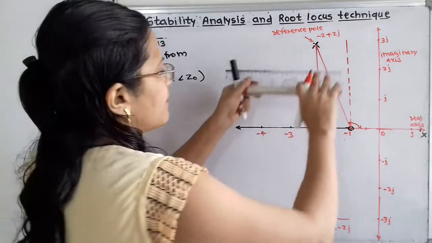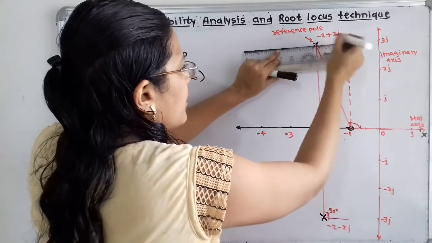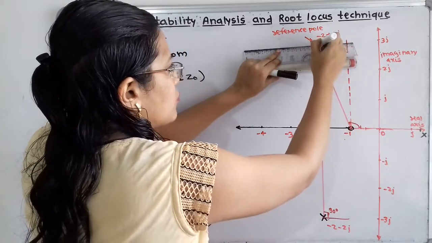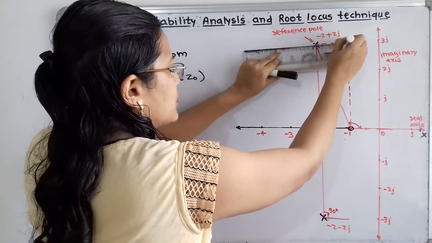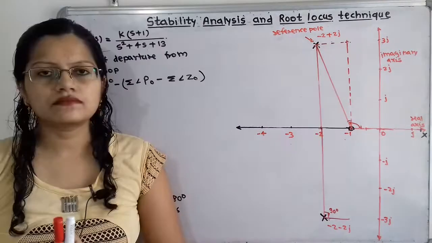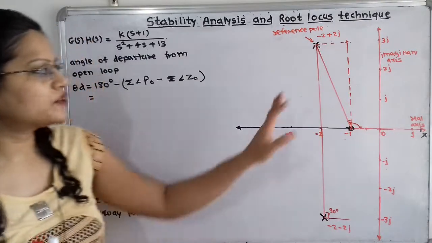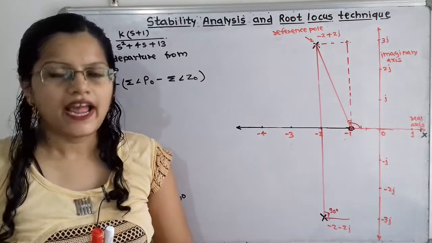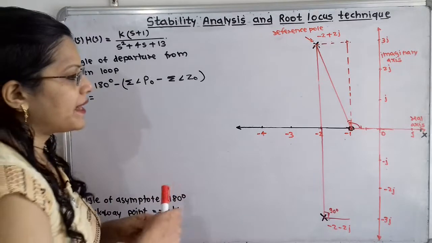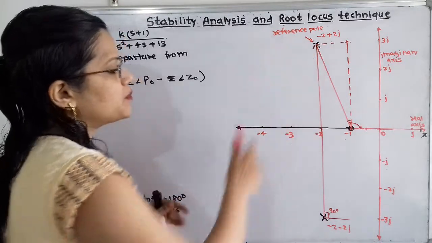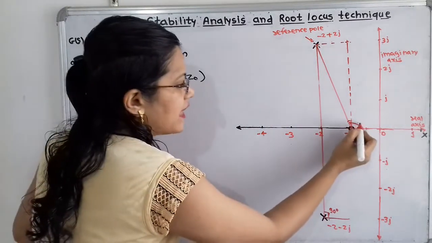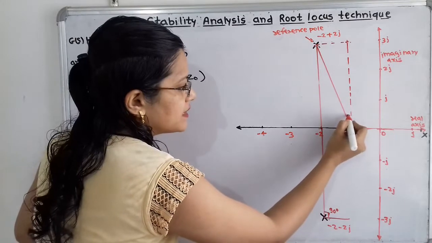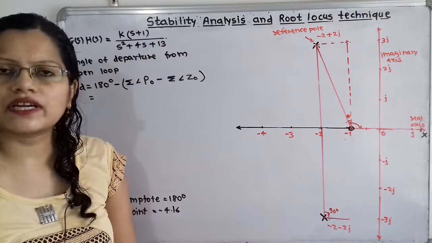Again I will draw one line passing through this reference pole, and here is the point of intersection. If we observe this construction, this is a right angle triangle, and the total angle made by this zero with this pole is this angle, 90 degrees, plus this angle theta. So now we have to calculate this angle theta.